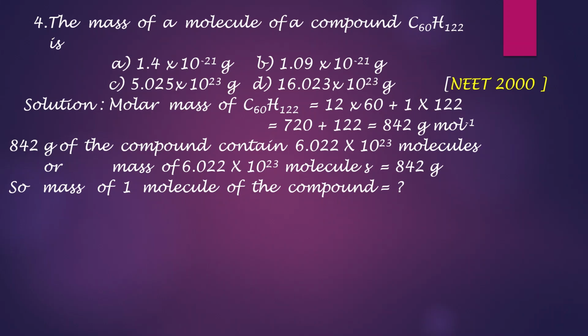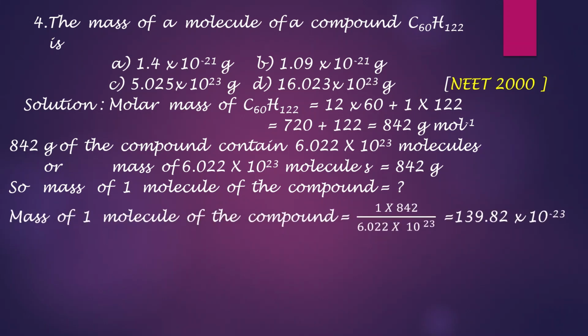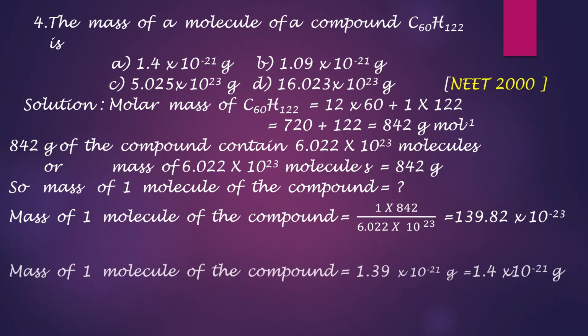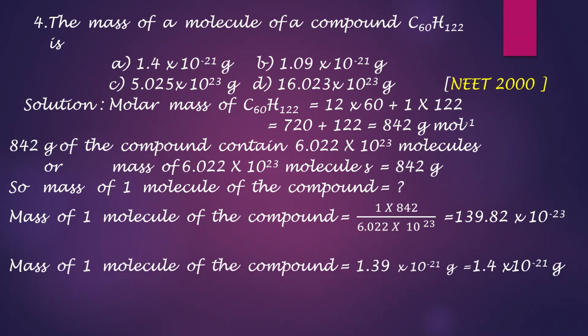So mass of one molecule of the compound equal to how much? Mass of one molecule of the compound equal to 1 into 842 divided by 6.022 into 10 power 23, that is equal to 139.82 into 10 power minus 23. You can express this in terms of scientific notation, so mass of one molecule of the compound equal to 1.39 into 10 power minus 21 gram.